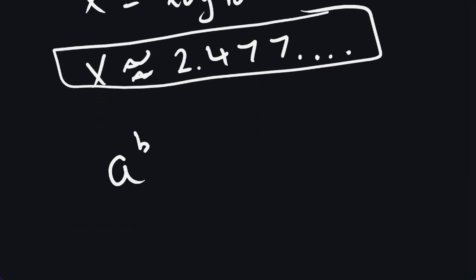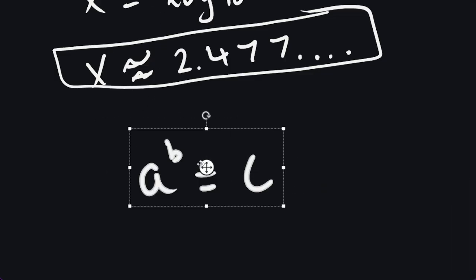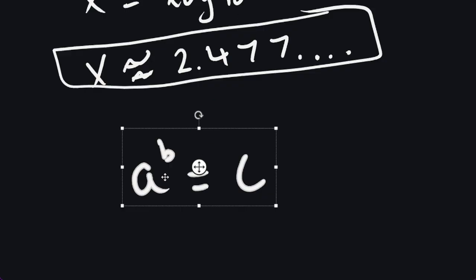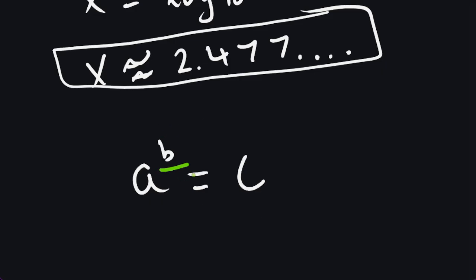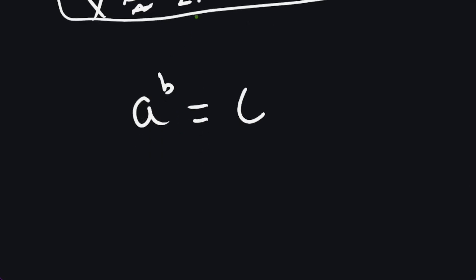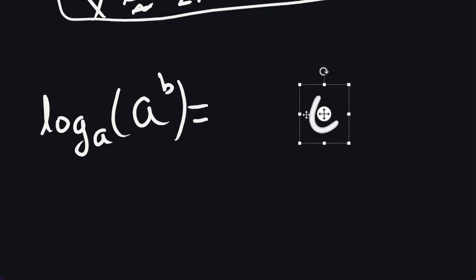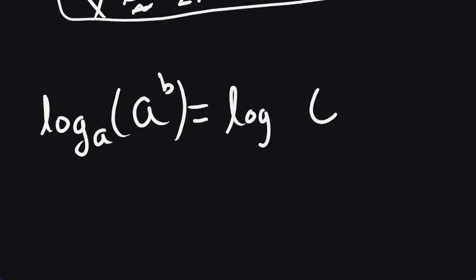If you wanted to bring the b out of the exponent, to release this b right here, then you would apply log base a to both sides: log base a of a to the b, and log base a of c.